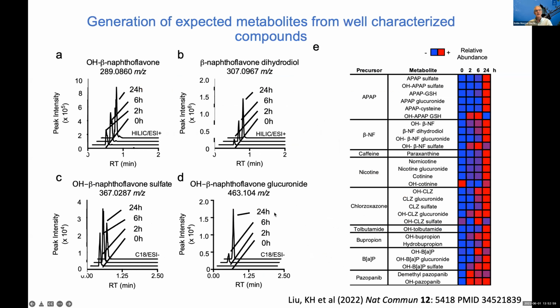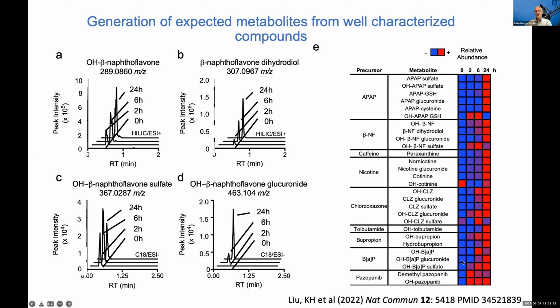So how did that work? Well, to start with, we need to show that the platform works. So this is generation of expected metabolites from well-characterized compounds using the S9 system. And on the left here are results for one such compound, beta-naphthoflavone, where you can see two hydroxy phase 1 metabolites generated over time, and also two phase 2 conjugated metabolites, the sulfate and the glucuronide, also generated over time.